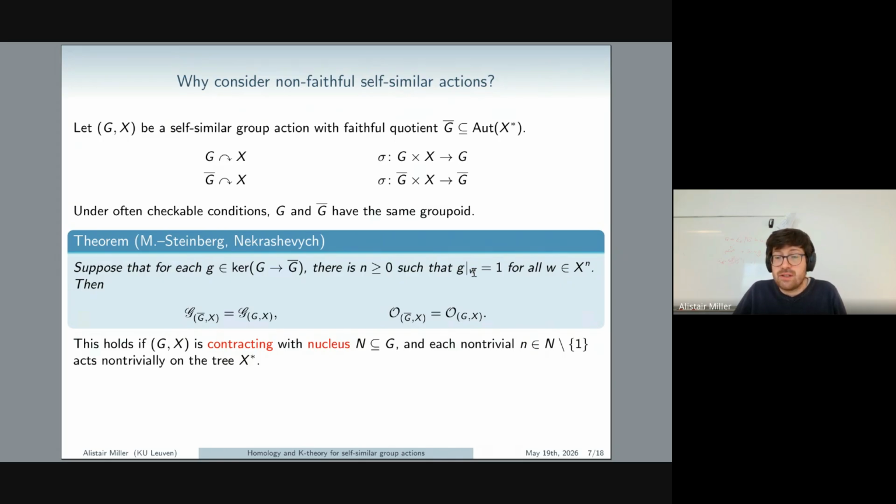I won't go too much into the definition of those, but it means that you have some finite subset N in your group, such that basically everything is attracted towards this finite set, in the sense that whenever you have any element in your group, then for sufficiently long words, it will push past that word to become an element of this nucleus. So then what that means is, in the above setting, we only have to check that each of the non-trivial elements of the nucleus acts non-trivially on the tree.